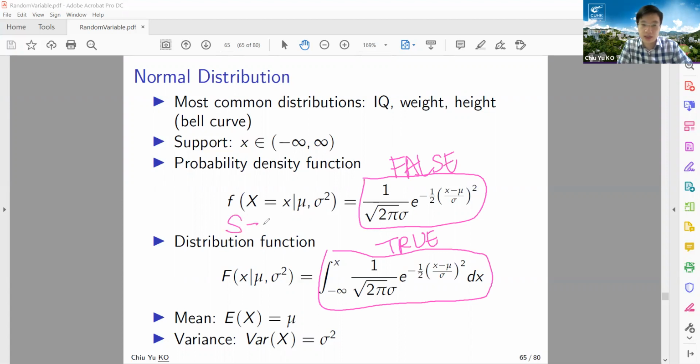S is called standardized, or standard normal, which means mu is equal to 0, sigma equal to 1. That's the only thing. Is it clear? Because no matter which normal, you can always go to the standard normal.